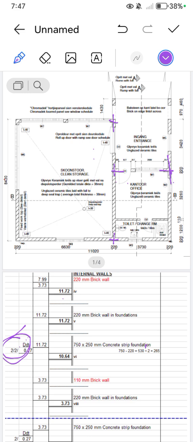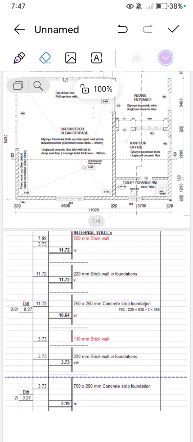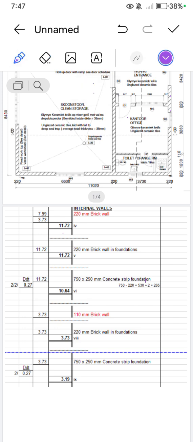0.27. Then if you go down, you'll see they did almost the same thing with the 110 wall. The 110 wall that I'm mentioning is this wall here. So they got the two. Where's the two coming from? It's from this position.